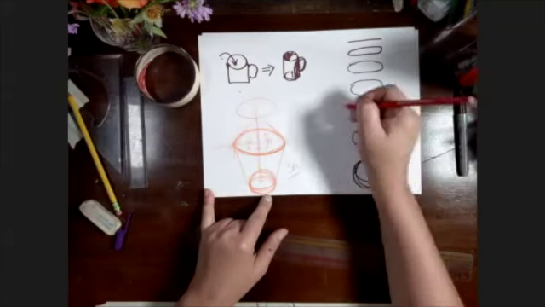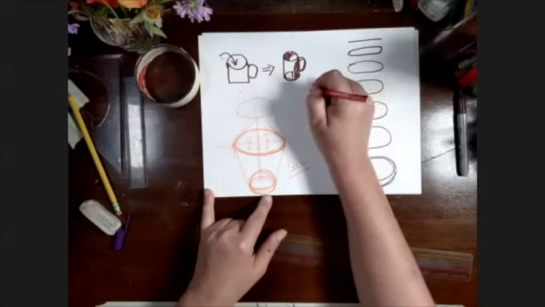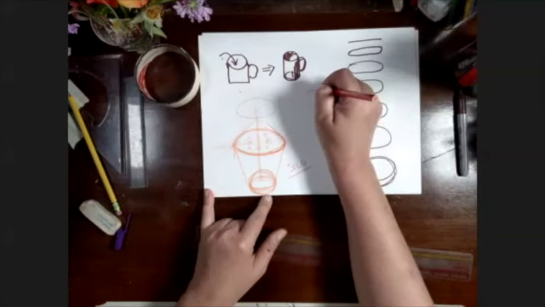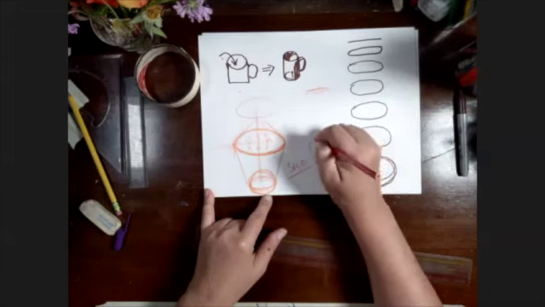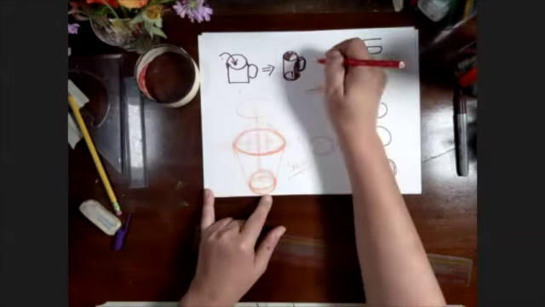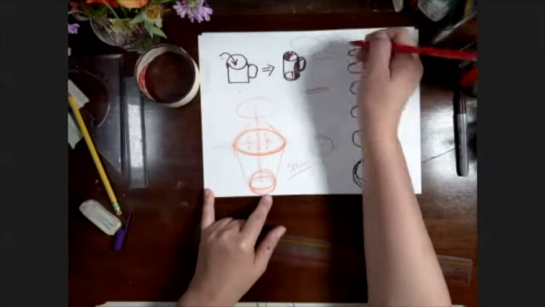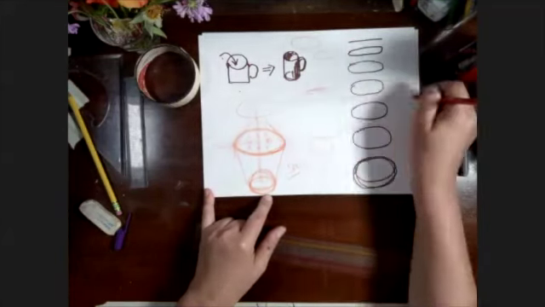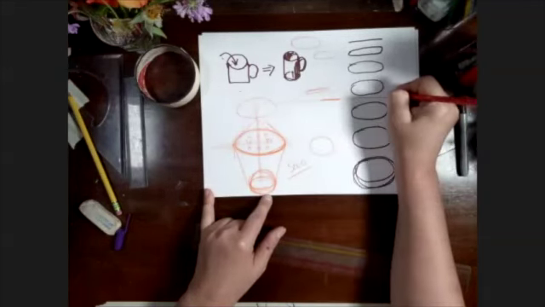Something that's kind of interesting is in still life, some things that are close to your eye level are going to have very shallow ellipses, and things that are below you are going to have very open ellipses. Things that are above you, the ellipse opens up again up here. So notice that at your eye line, the line is flat at eye line.